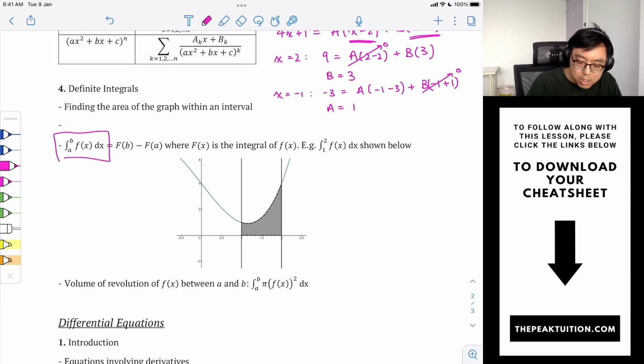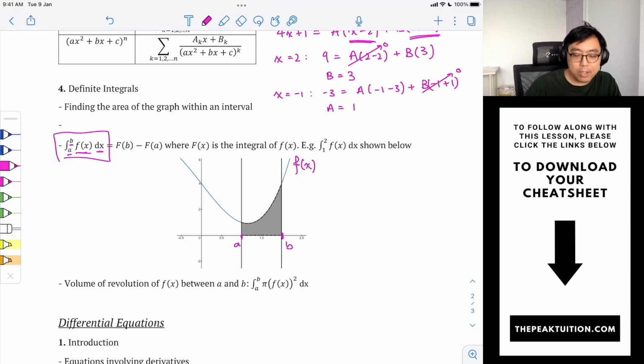So when we write the integral, we integrate the function from a to b with respect to x. So what it means is, let's say in this graph f(x), this is a, this is b, we are actually looking for the area under this graph, which is shaded lah. So it is equal to F(b) minus F(a).